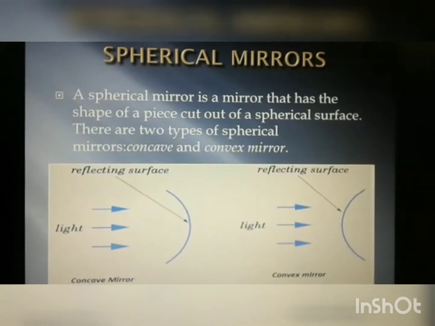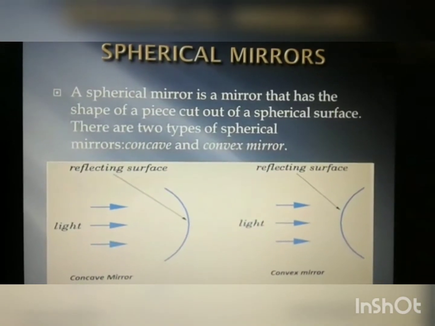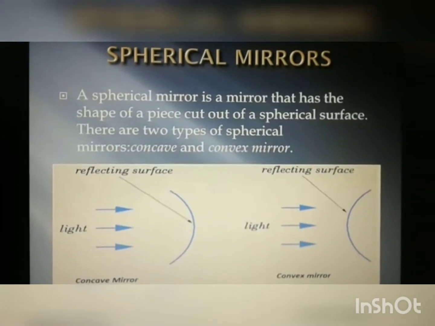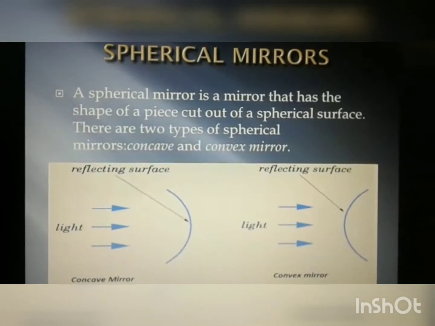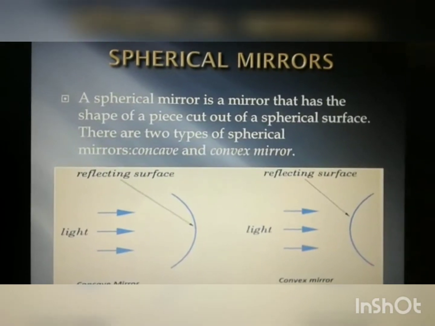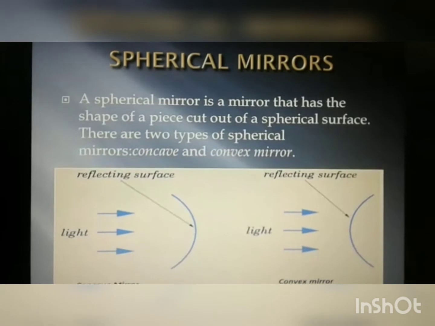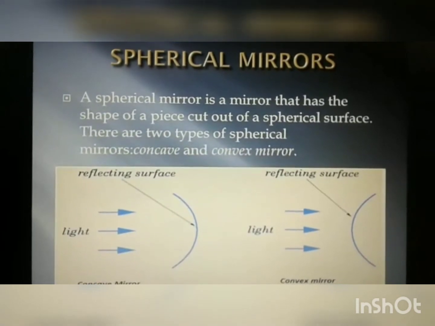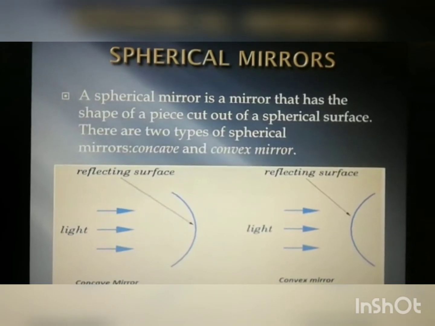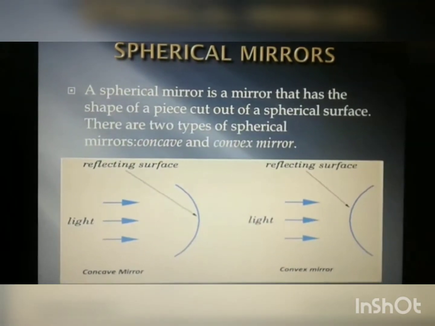Now, the next topic which we are going to discuss is the spherical mirror, the main and important topic of this chapter. See students, a spherical mirror is a mirror that has the shape of a piece cut out of a spherical surface. It is of two types, concave and convex mirror, which we will discuss.